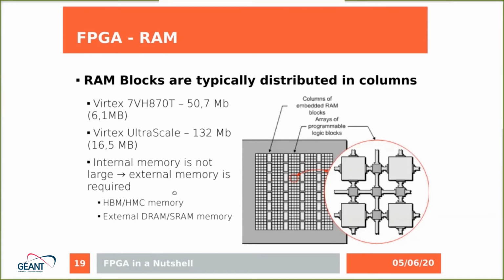As you can see, for the Virtex 7 FPGA, we are able to use, for example, 6 megabytes of memory, and for the Virtex UltraScale FPGA, approximately 16 megabytes of memory. So internal memory is not large, and external memory is really needed.